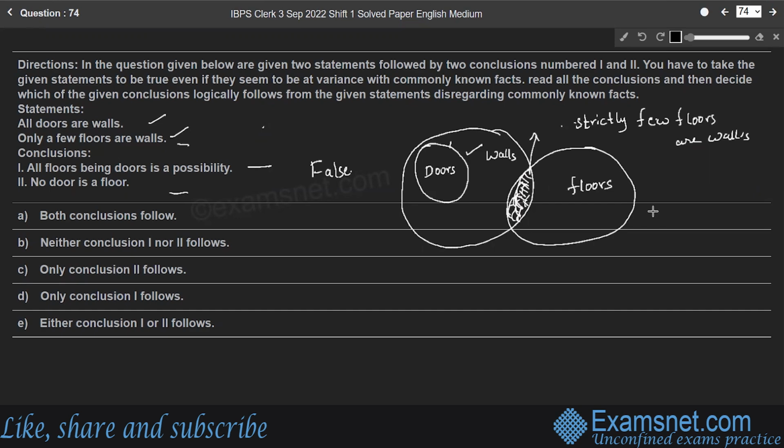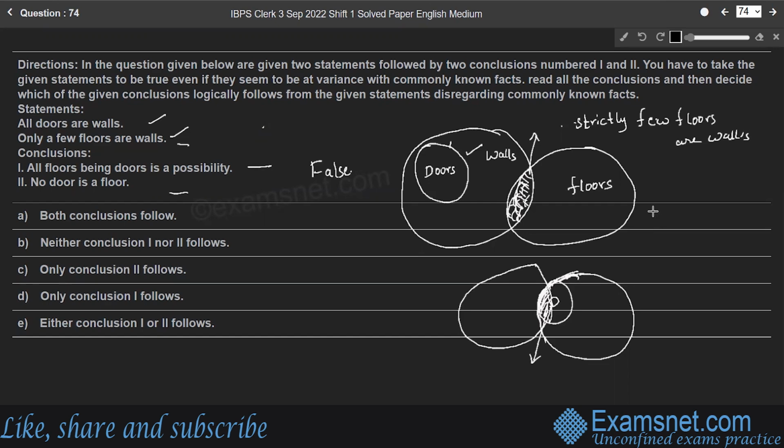So I'll show the set of doors here and the set of walls. And I'll draw the set of floors here where few floors are walls. At the same time, few floors are doors, because doors and walls have a common part here, right? So this shaded part represents few floors are doors also.